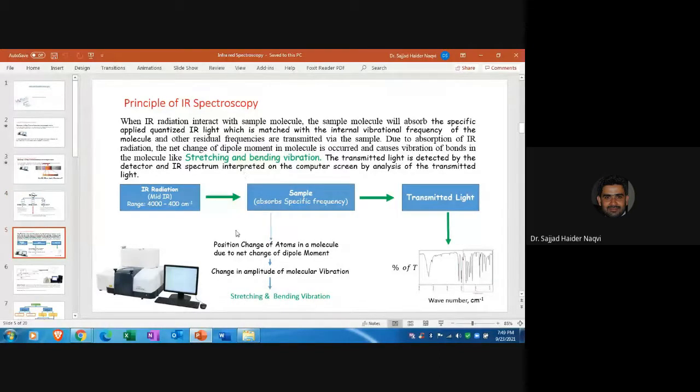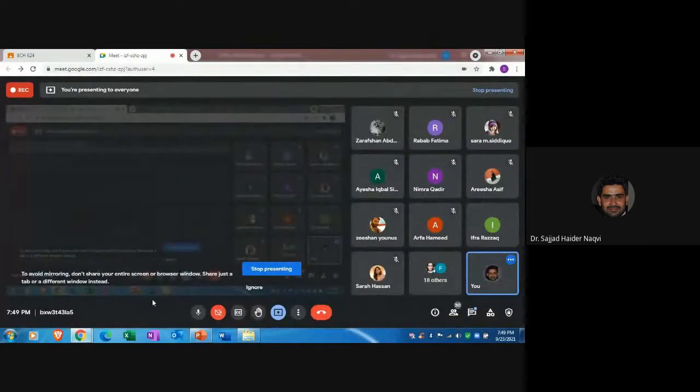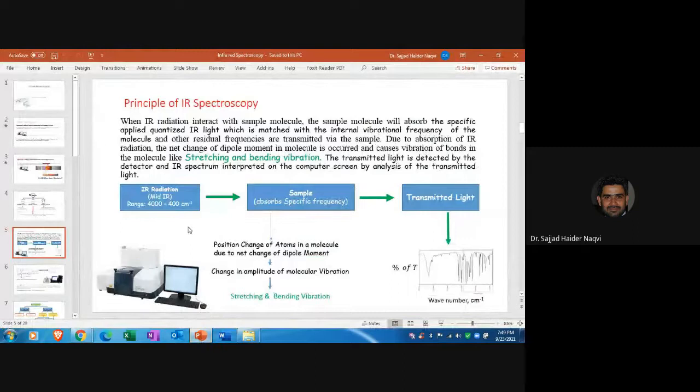Now, when it comes to the principle of IR spectroscopy, as I said earlier, the main principle would remain the same. If you talk about the overall consideration of the spectroscopy, we know that the main principle would remain the same, but there will be a slight difference when you discuss visible spectroscopy, ultraviolet spectroscopy, and IR spectroscopy. So, specifically in this case, when we pass IR radiation through the sample, the IR radiation interacts with the sample molecule.